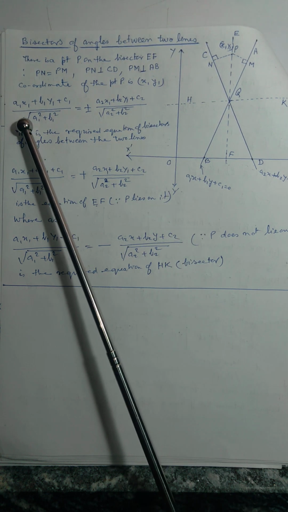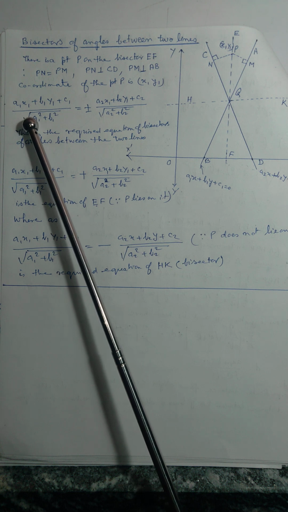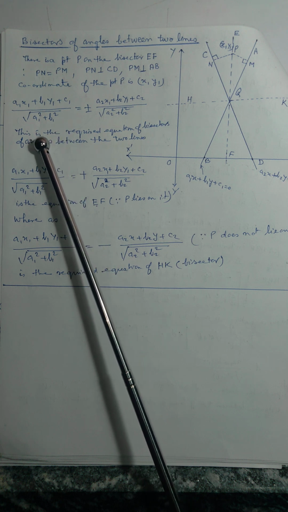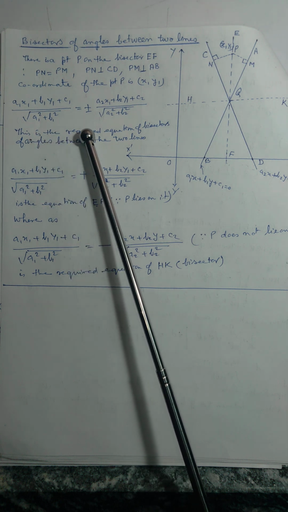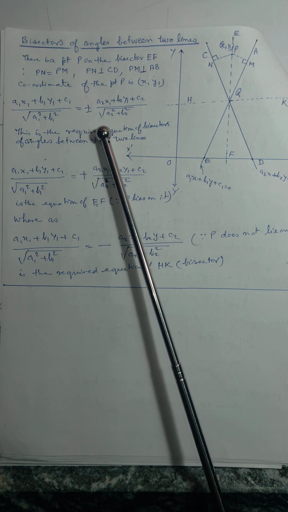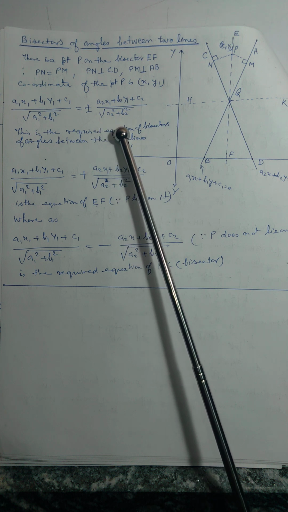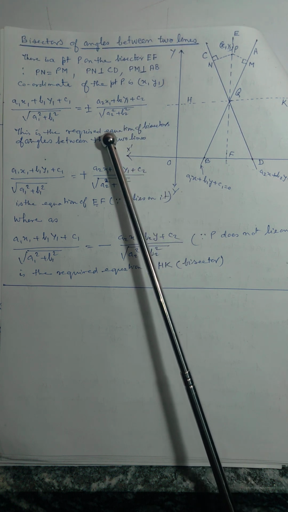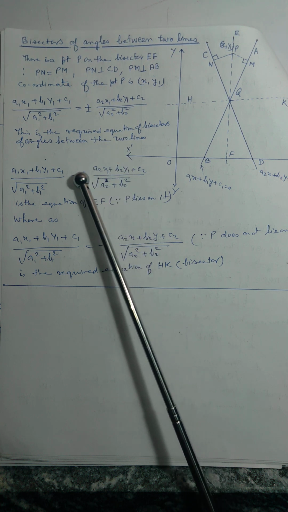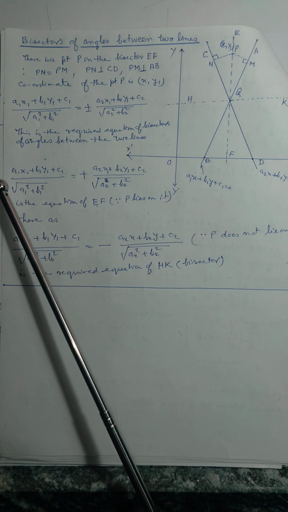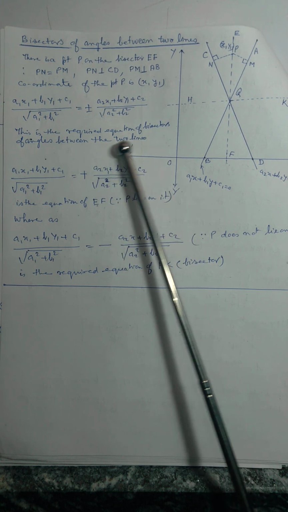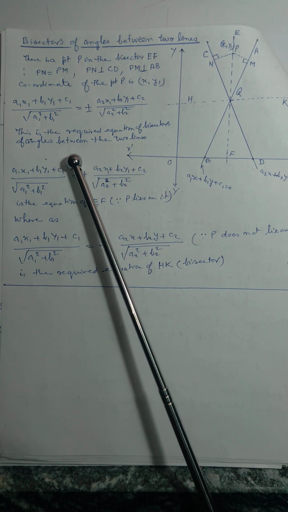So just substitute the value: a1x1 plus b1y1 plus c1 whole divided by root of a1 square plus b1 square is equal to plus minus a2x1 plus b2y1 plus c2 whole divided by root of a2 square plus b2 square. Now proceed further. This is the required equation of the bisector of the angle between the two lines.